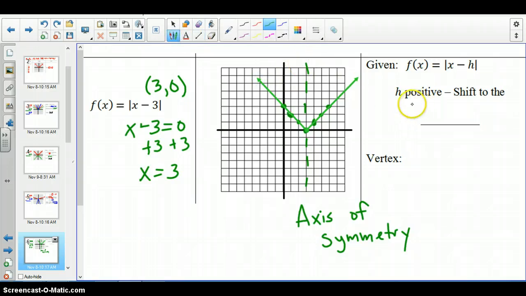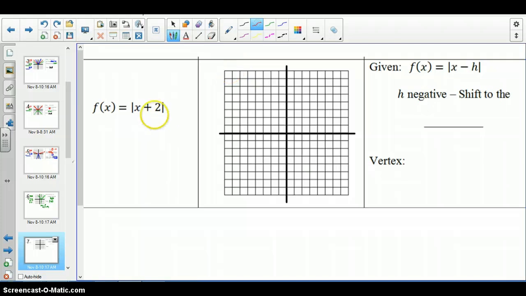So now when that number inside the absolute value is negative, we are going to shift it to the right. And our vertex of this was 3, 0. This next one, x plus 2, so the opposite of that is negative 2. The y of my vertex is 0 because there's nothing behind there, so there's no vertical shift. So I'm going to go to negative 2, 0. Draw in my dashed line for my axis of symmetry.